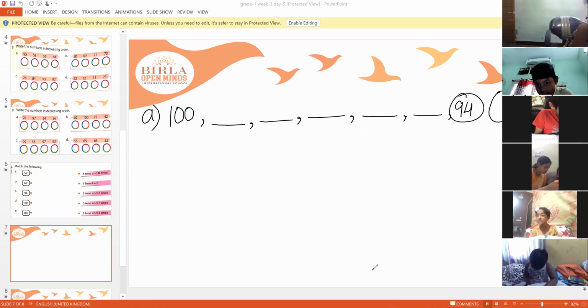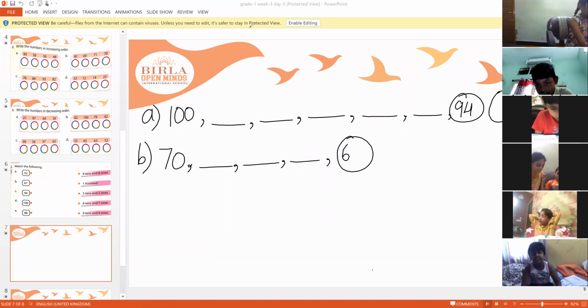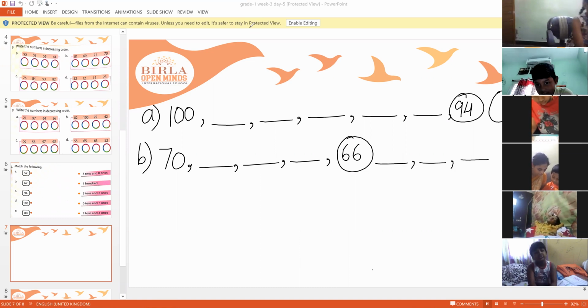Your first bit is you have to count backward and write the number in the given circle. Your first number is 100 and you have to count backward. That is, you have to tell the before number. You have to write the number here which comes before 100.